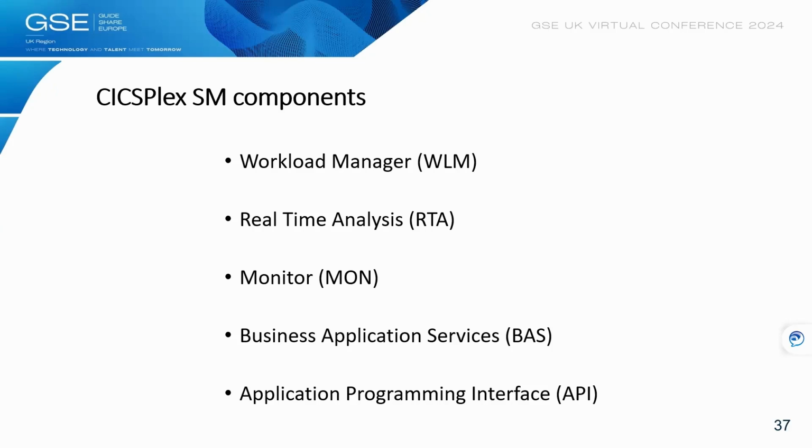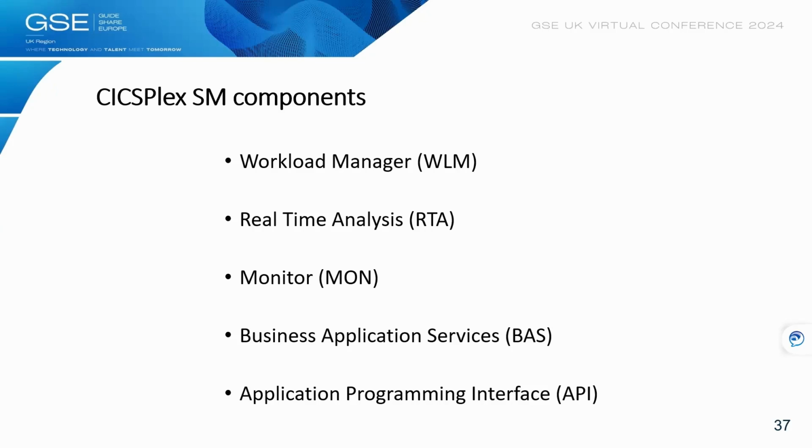We have some other features like real-time analysis. It's what I like to call a poor man's monitor, because if you don't have a monitor running, it can alert you to problems within a CICS region. It takes a lot of setup, but then again, a lot of the monitors do too, right? I support Megamon for CICS, and you have to set up thresholds and situations, and it's very similar.